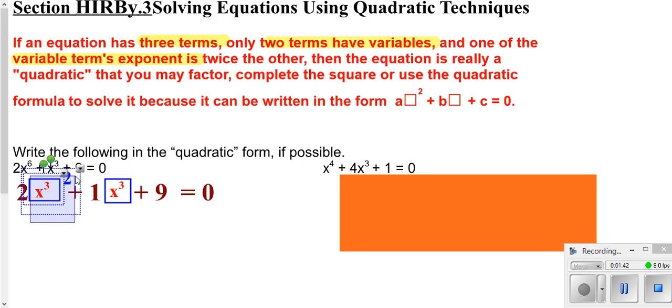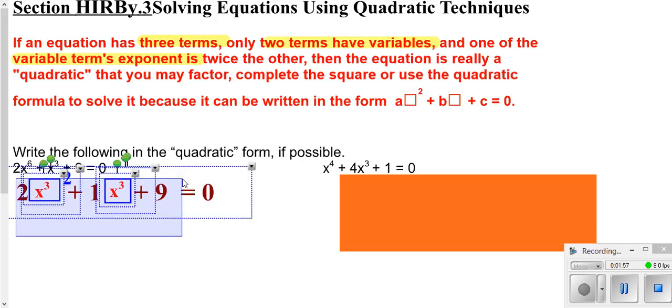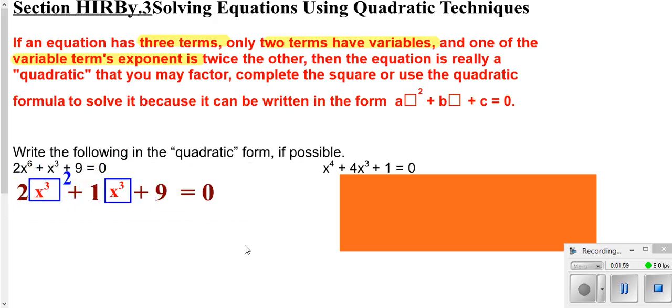Now, as you look at this part here, remember, an exponent raised to an exponent, you'd have to multiply those exponents. And when you do that, you do get your exponent of 6. So this is in the quadratic form, which means once we have it like this, we could use our quadratic techniques to solve it, like factoring or quadratic formula or completing the square.